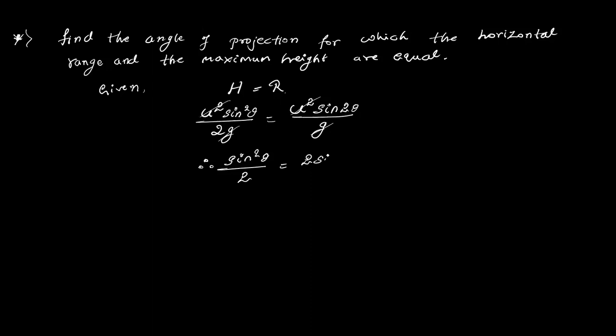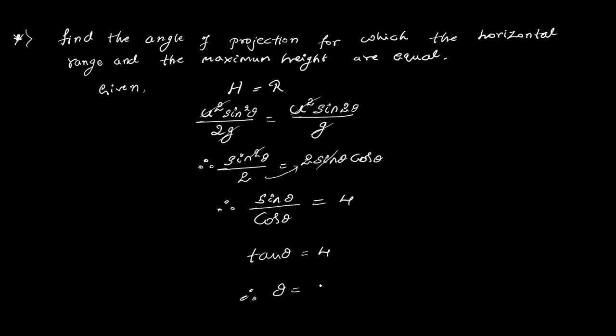The sine 2 theta is 2 sine theta into cos theta. Okay. And one sine term will be cancelled on both sides. Therefore, you can write this as sine theta divided by cos theta is equal to 4. The 2 and 2 will be multiplied, so tan theta is equal to 4. Therefore, theta becomes tan inverse of 4. The value for tan inverse of 4 is 75 degree 58 minutes.